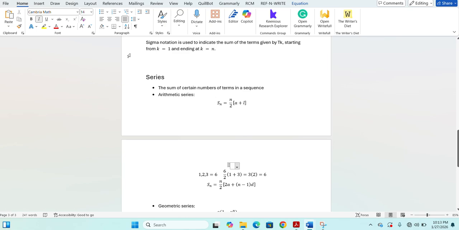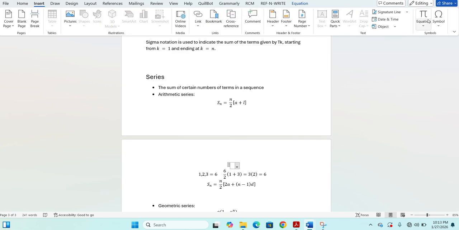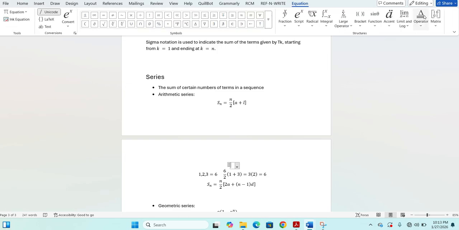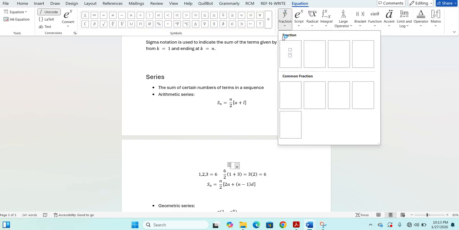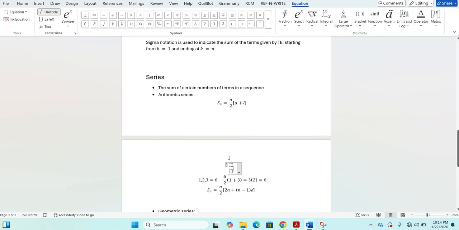So we're gonna come here and we're gonna say our number of terms was 3 that time, then divide by 2, then here we have our first term was 1 plus L, our last term, which is 3. Then we close the bracket.